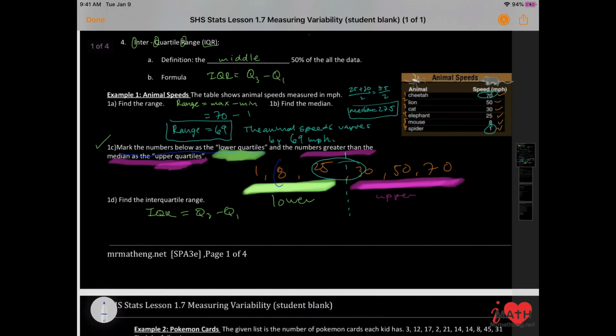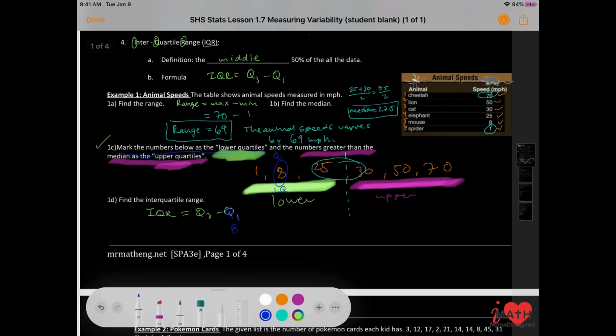And that's right here in blue. So we can call this one the lower quartile, or you can also call this one Q1. Okay, so let me write that. Quartile 1 is 8.